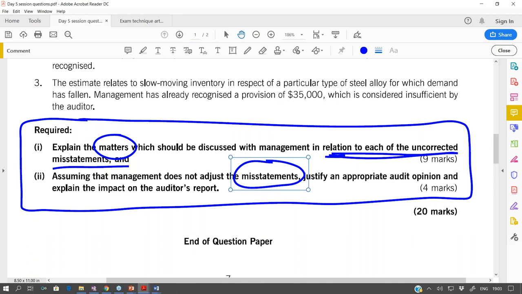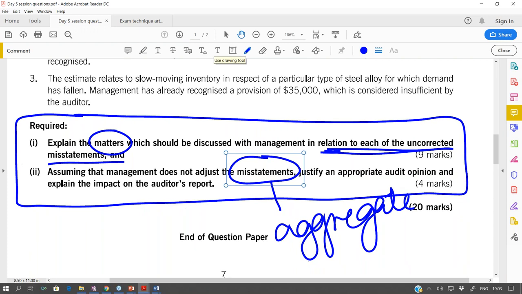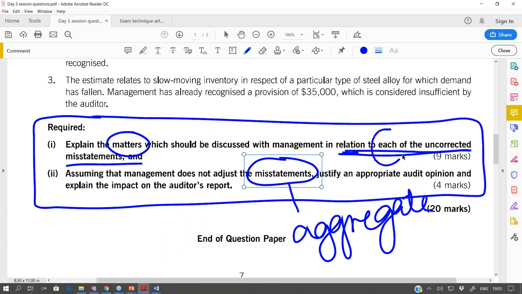Adjustments of the misstatements means all, aggregate. How many misstatements? 3. Can you see this word each coming in the first part? Were we working on the individual misstatements in the first part?